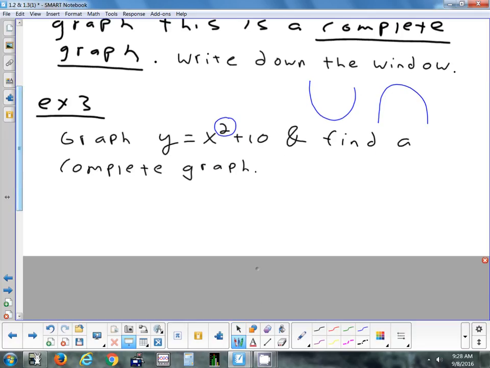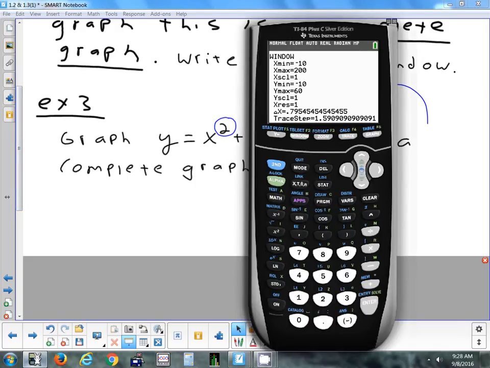All right, so we know that this is going to be a parabola, and it's been shifted up 10. So knowing what we know about the standard window, is the standard window going to work for this problem? Nope. The standard window only goes up to 10. Okay, I think negative 10 to 10 on the x-axis should be fine.